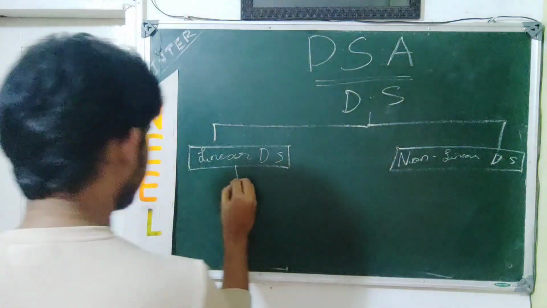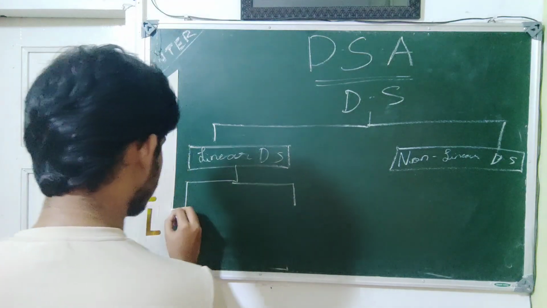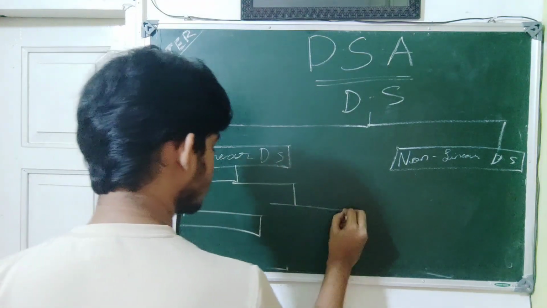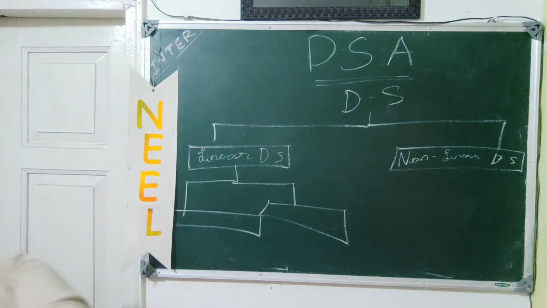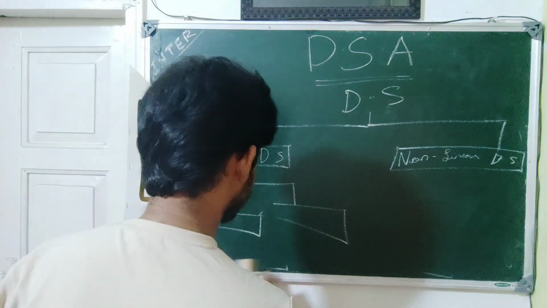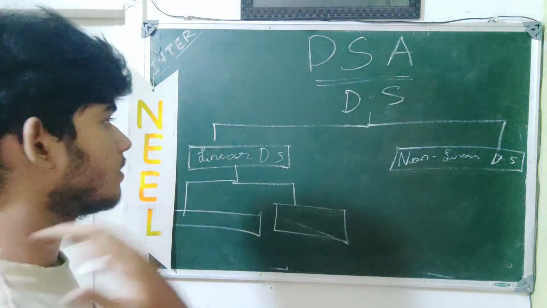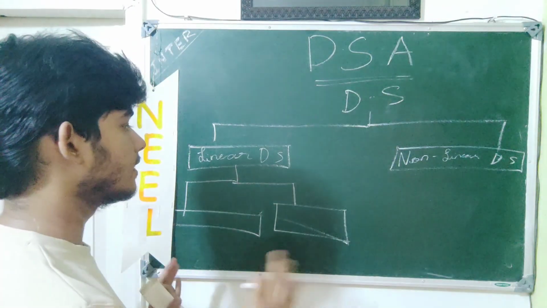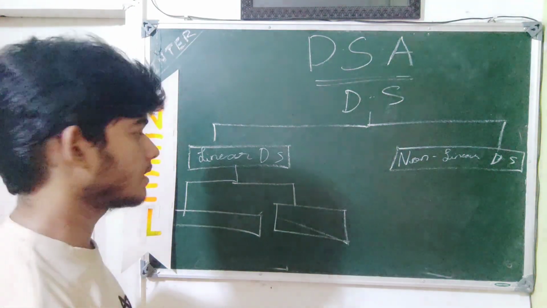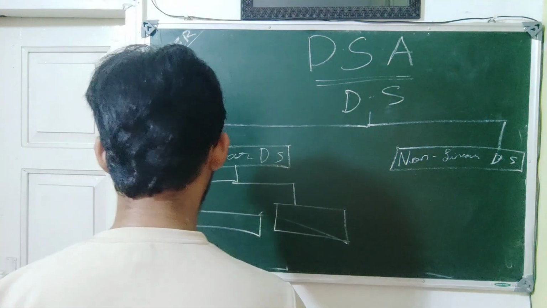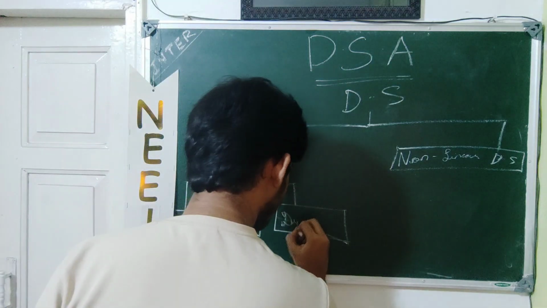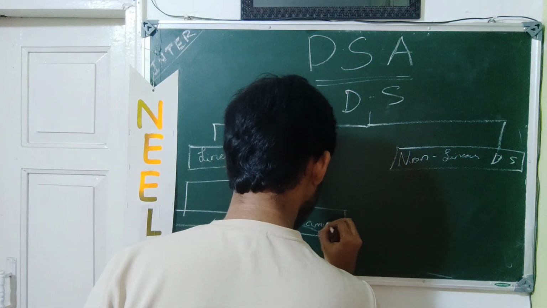Linear data structures are again divided into two types: dynamic and static.